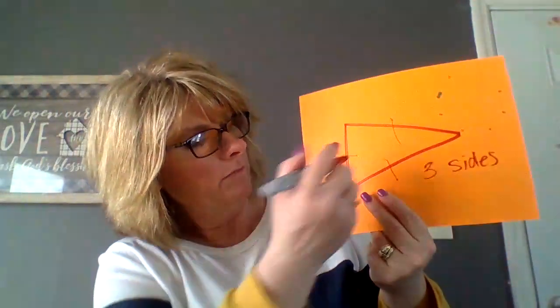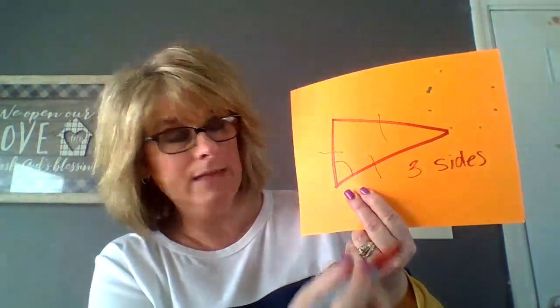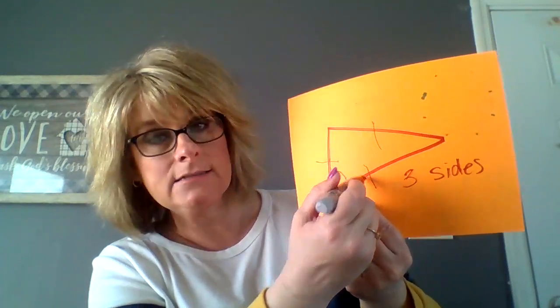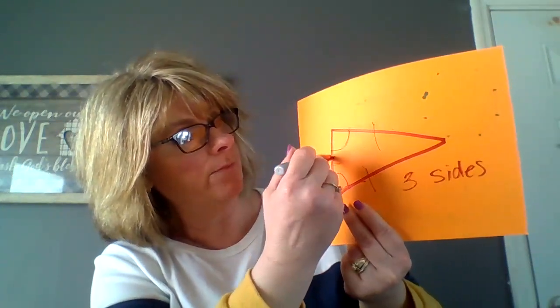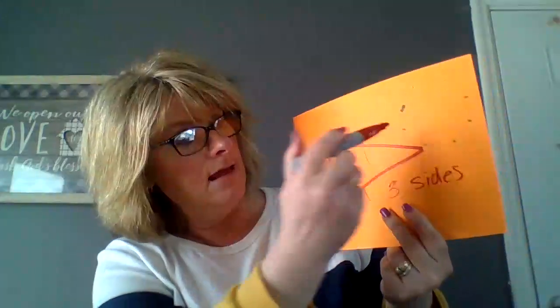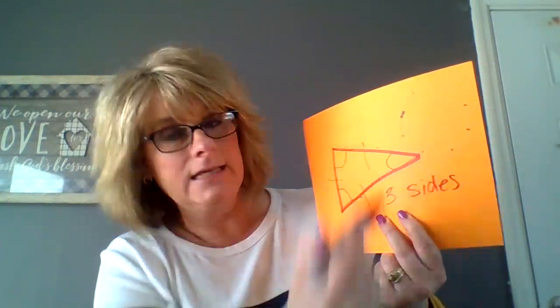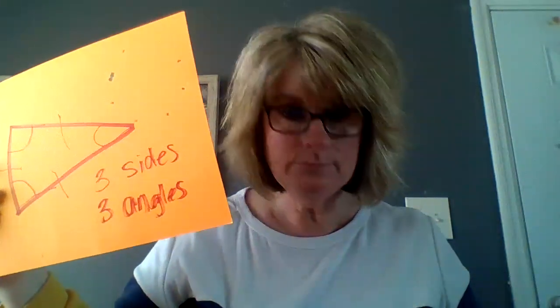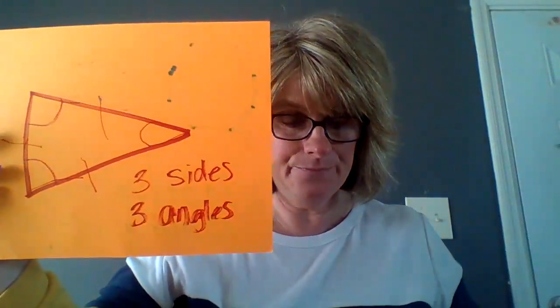And how many angles does it have? Well, probably 3, but let's check. Okay, here's 1, because it's formed by this and this. 2, formed by this and this. And 3, formed by this and this. So 3 sides, 3 angles. Okay? 3 sides, 3 angles.